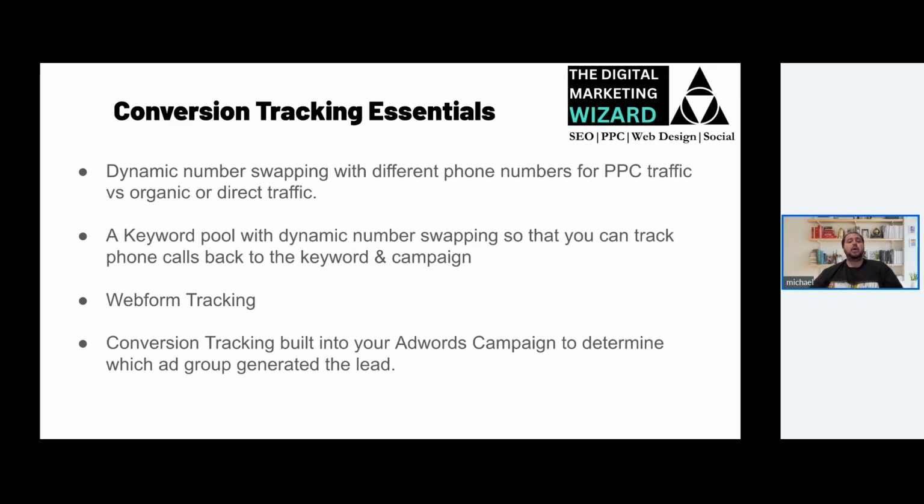And then you're also going to need web form tracking, to track your organic website traffic and figure out how customers are actually getting to your website, what information they're asking for, and how long it takes for them to convert to an actual customer. That can really change the way you look at your cost per lead. And finally, some conversion tracking built into your AdWords campaign to determine which AdWords generate the leads.